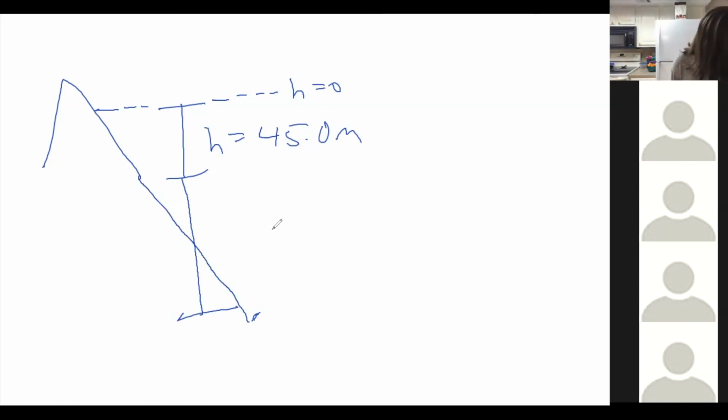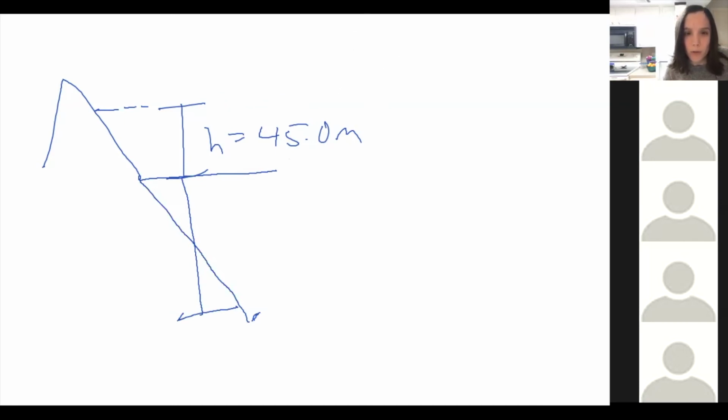And if the initial height is the reference level, find the potential energy of the system at the top and at the bottom. Draw bar graphs for both situations. So if the initial height is the reference level, oh, I'm sorry, actually, this would be the reference level. I misread that. And so it goes up 45. Let me erase this part really fast.